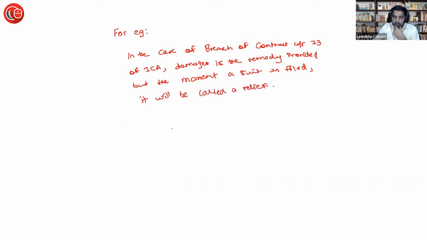Okay, and later when the court grants it, the damage will be called relief. Later when the court grants it, it will be said that the relief has been granted by the court, that the relief of damages has been granted by the court.